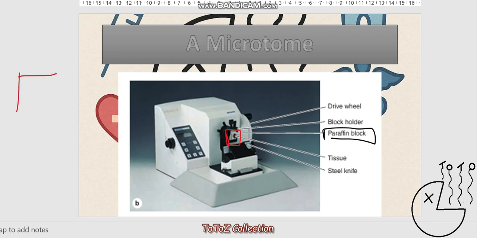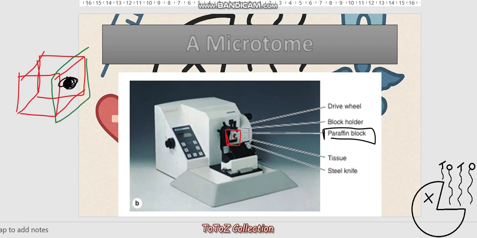So imagine this is your block, something like that, and then we do have our tissue somewhere about there. So what is going to happen is that when you put this block inside your microtome, it is just going to slice this part here, and then you're going to have something like a very thin sheet of your tissue together with your sample like that.